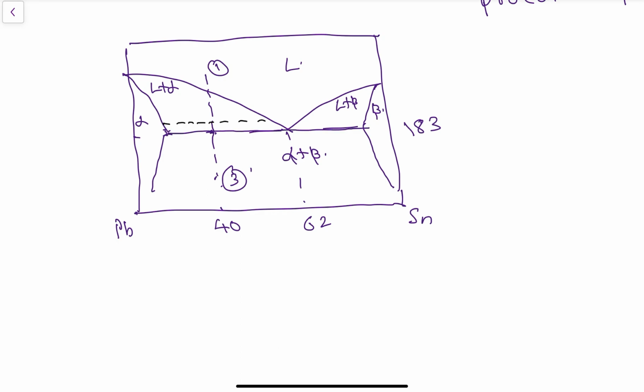Imagine that it's just over this 183 degrees Celsius. So how to find the percentage of alpha and liquid at this temperature? You can find this will be the percentage of liquid here, and this will be the percentage of alpha here.